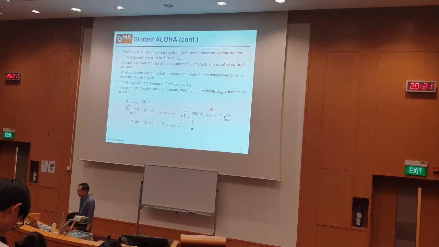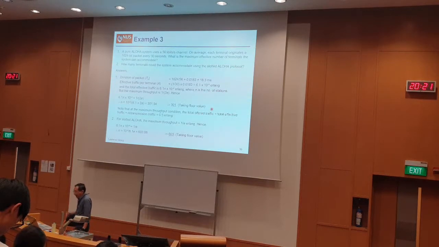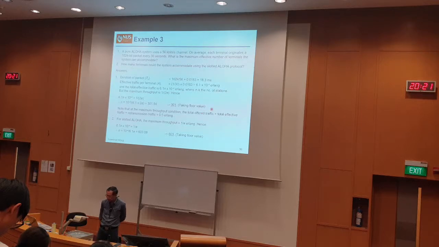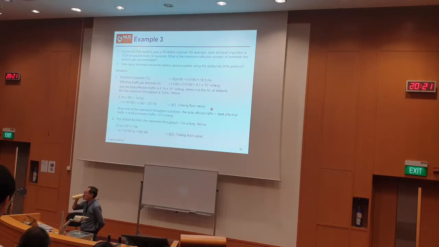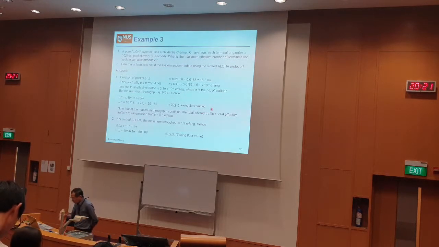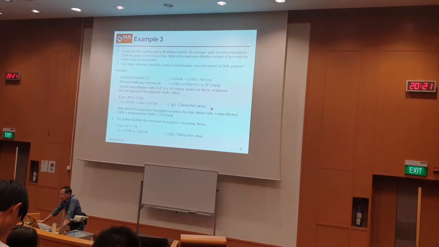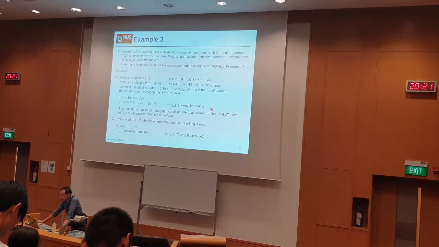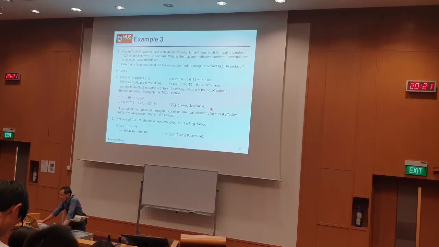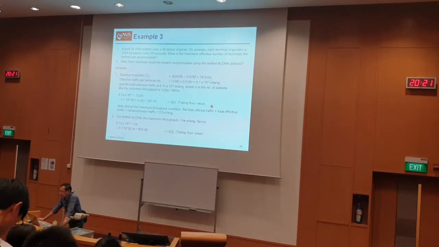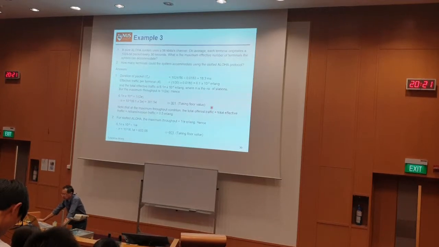Okay, let's do an example. A pure Aloha system uses a 56 kilobits per second channel. So that's the transmission rate. On average, each terminal originates a 1024-bit packet every 30 seconds.